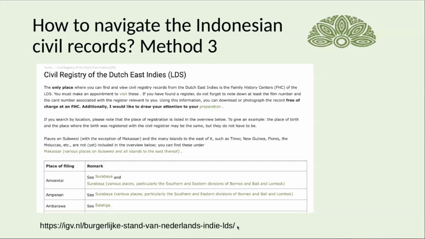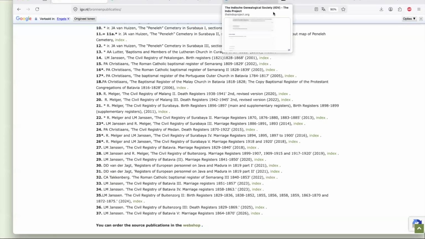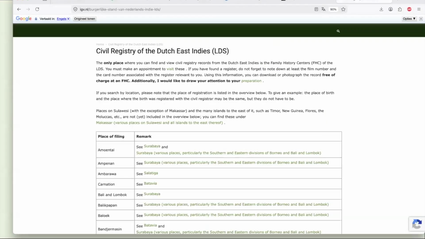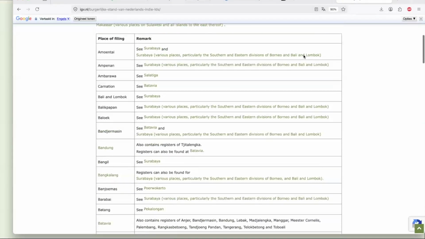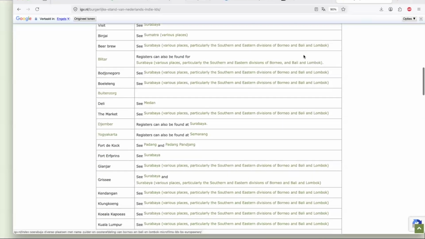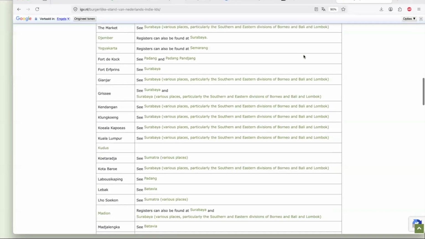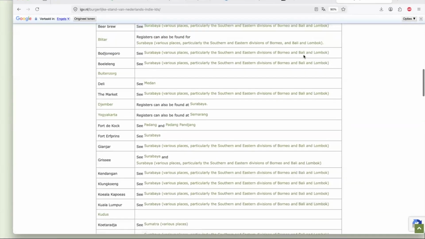And LDS stands for Latter-day Saints. So this is a screenshot. I can try to show the website live. Here you see all the places in Indonesia or the East Indies where there are records recorded by the LDS Church.